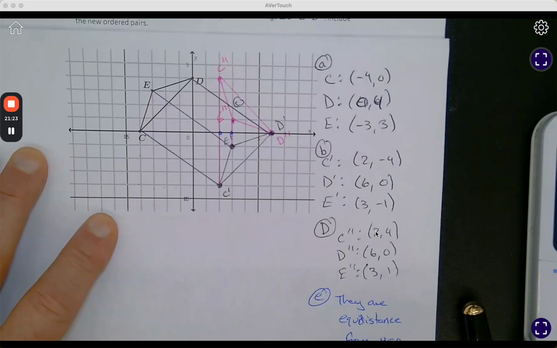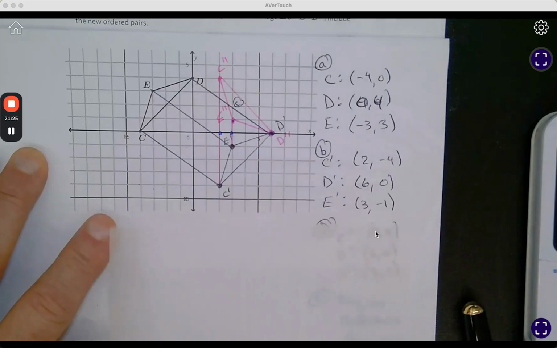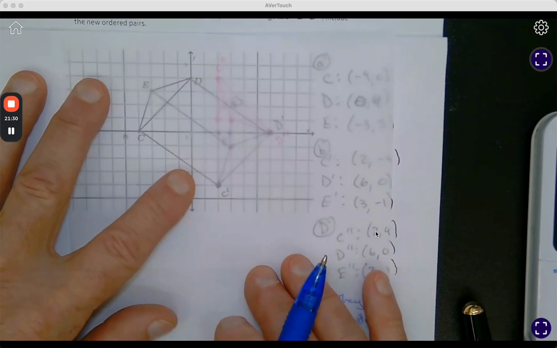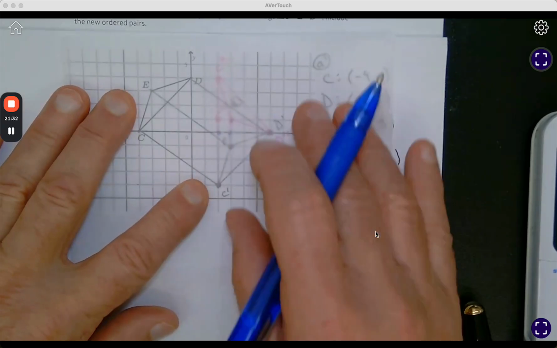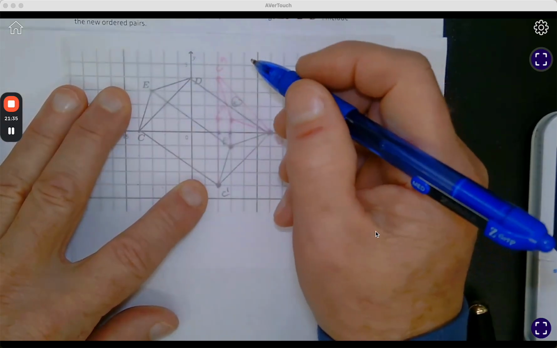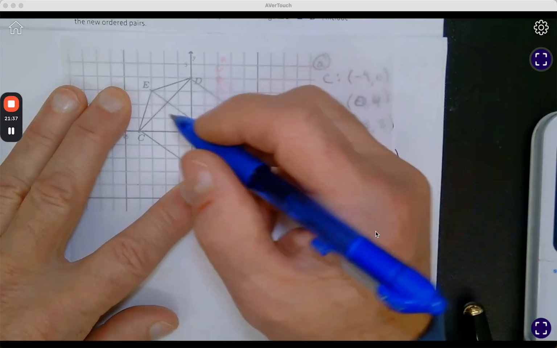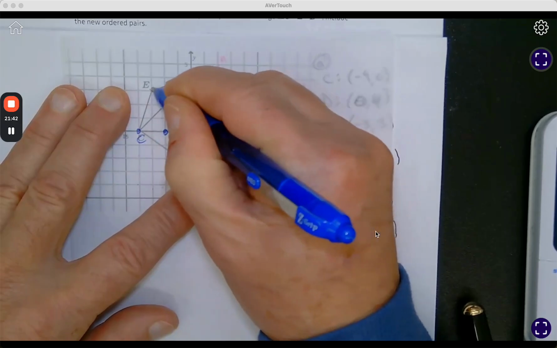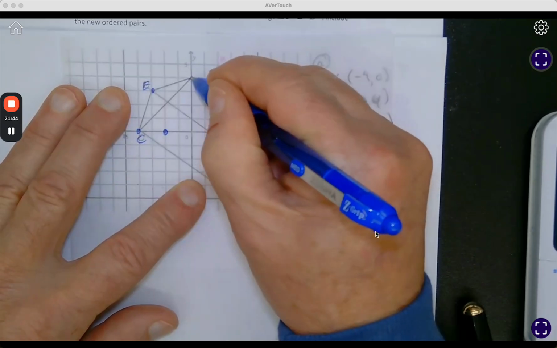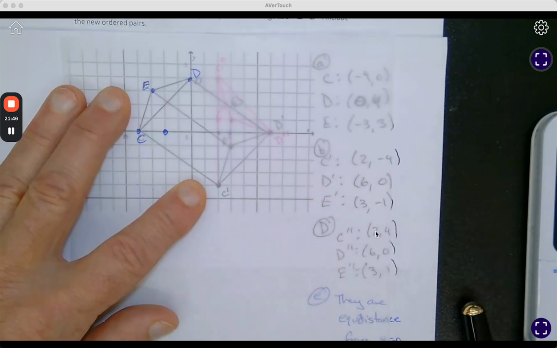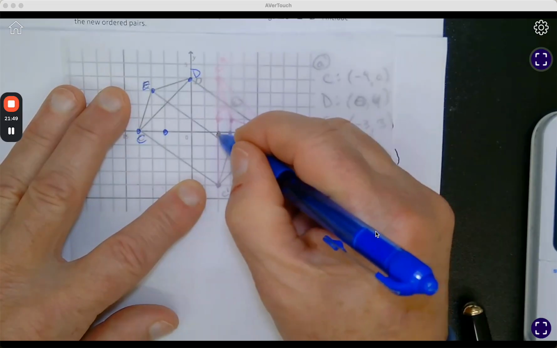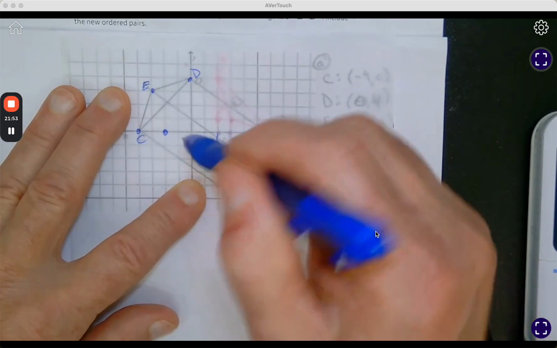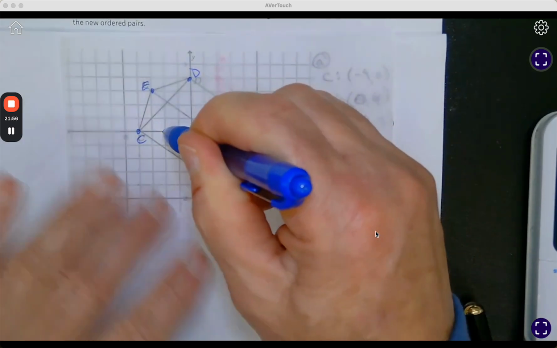Rotate, my goodness. Rotate CED about the ordered pair -2, 0. Okay, let's do it. So -2, 0 is right there. There's C, there's E, and there's D. And what I want to do is rotate this until that arrow's pointing up.